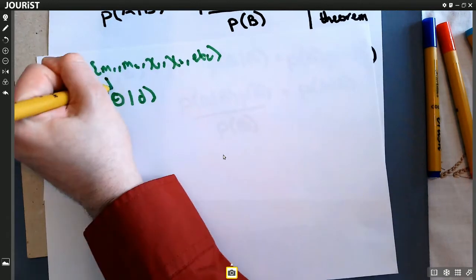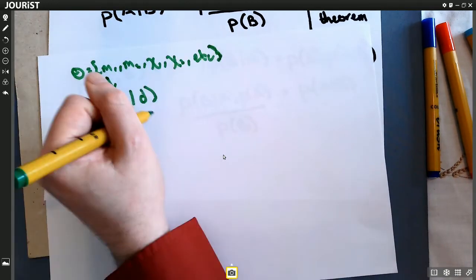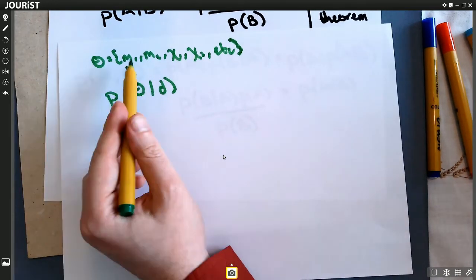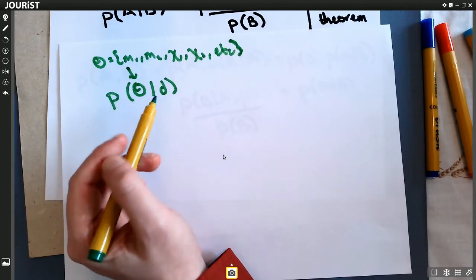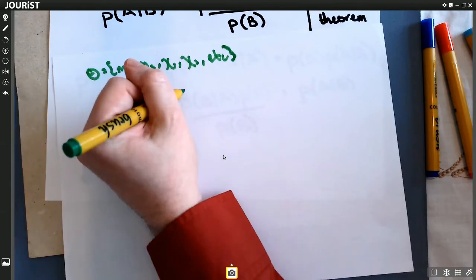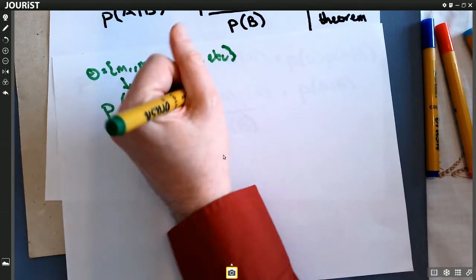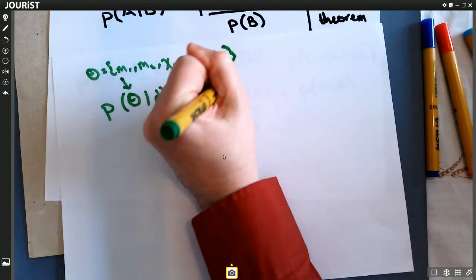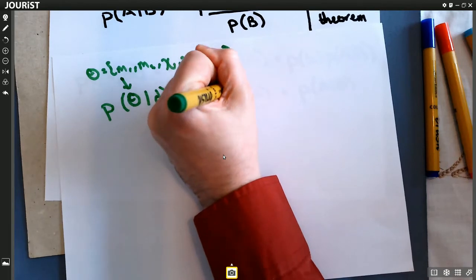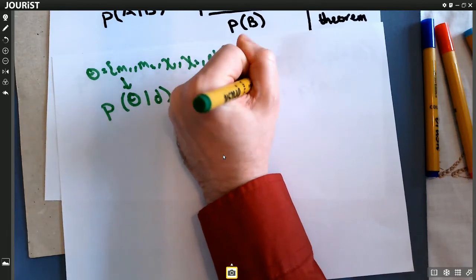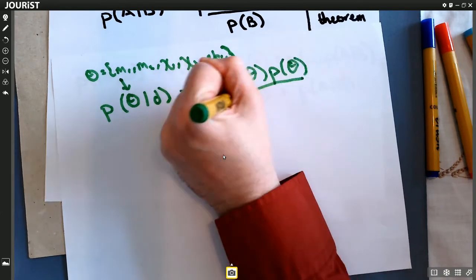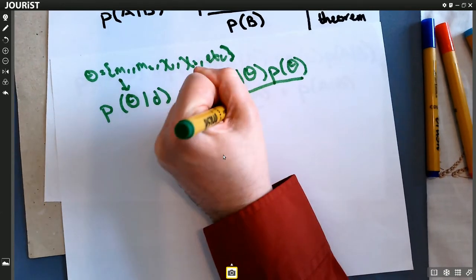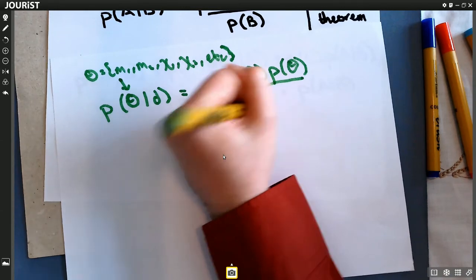Altogether, that goes into theta. And so we want the probability distribution over these given the data, right? We know we have the data, so that's what we want to do. So the way to calculate this is the probability of the data given theta, times the probability of theta before we had the data, divided by the probability of the data.